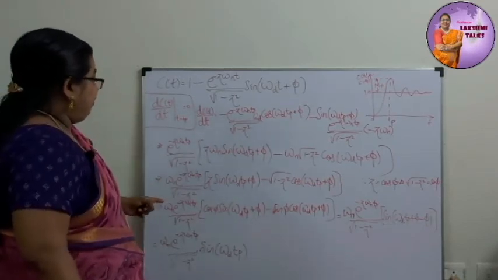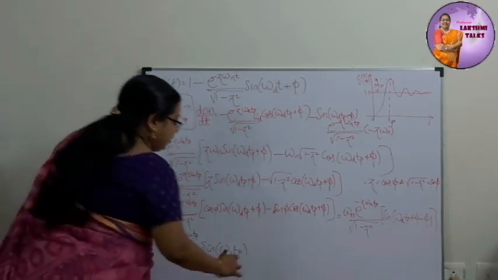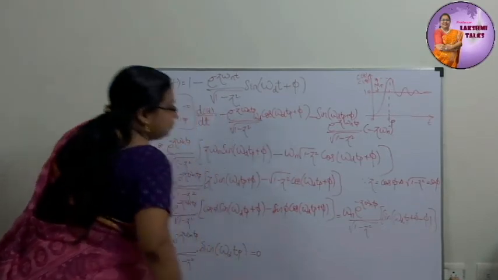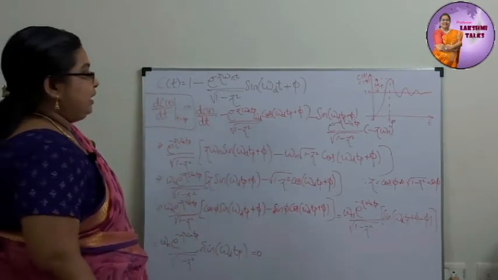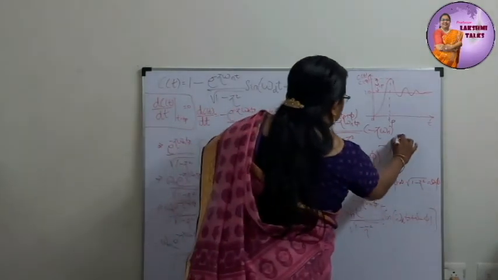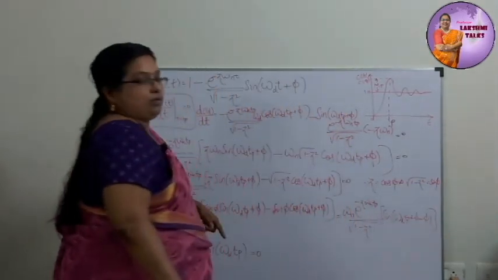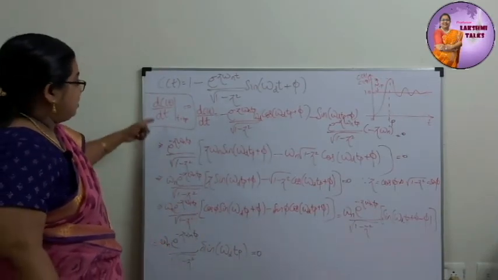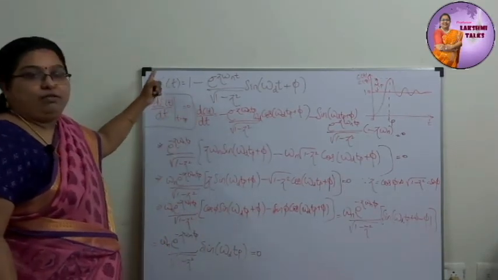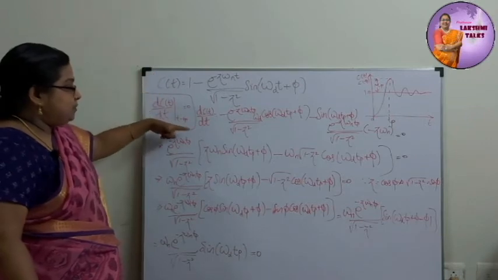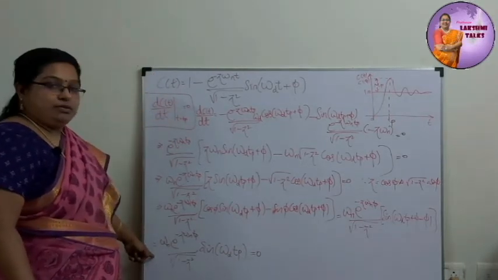Okay, what about this? This is equal to 0, right? So every time this equation should be equated to 0, because the first derivative of the time domain response with respect to time is equal to 0, right?